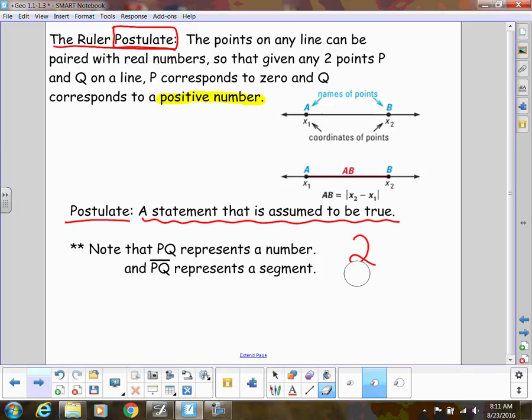Okay, so the ruler postulate, all this says is, okay, the points on any line can be paired with real numbers. So that given any 2 points, and we're talking about in this specific situation, P and Q on a line, P corresponds to 0, and Q corresponds to a positive number.